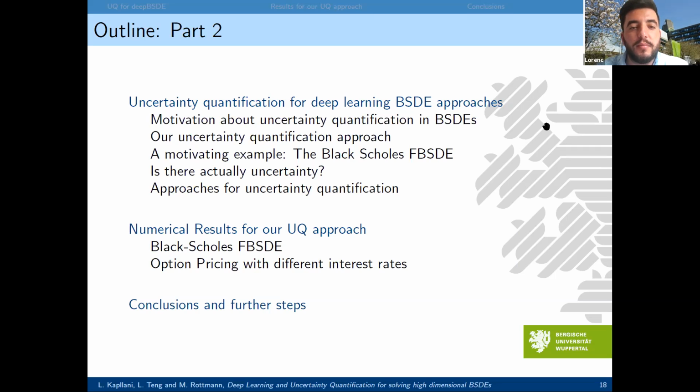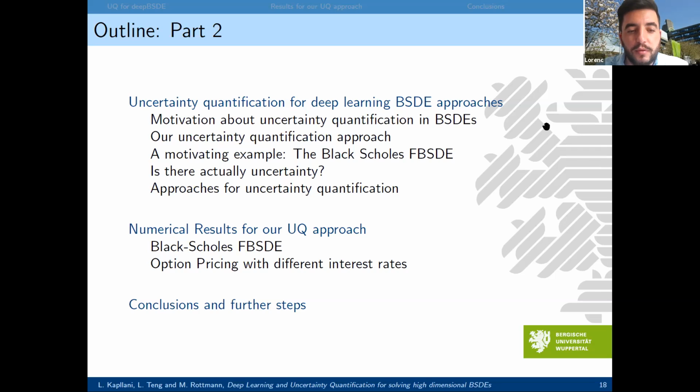In this part, I will give the motivation for why we need uncertainty quantification in this kind of case, the approach that we are considering, and some results that we have. This work is still ongoing, and these results may sometimes not be perfect, but we are always learning as much as possible until we get our perfect results.